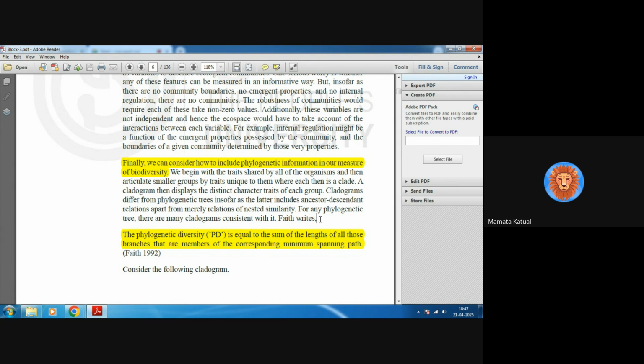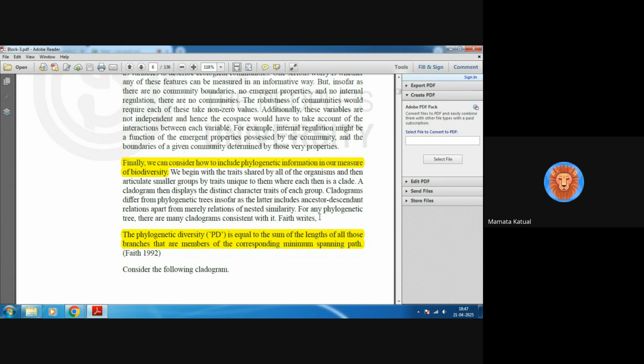So in that phylogenetic tree, it has different branches. If two organisms are placed closely in that tree, then these two organisms are closely related through evolution.